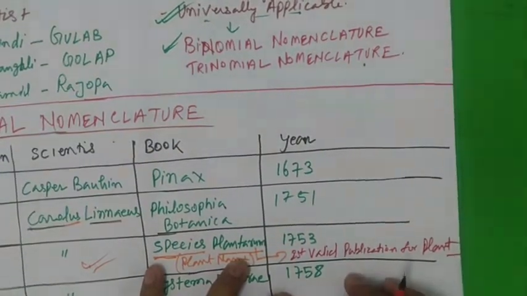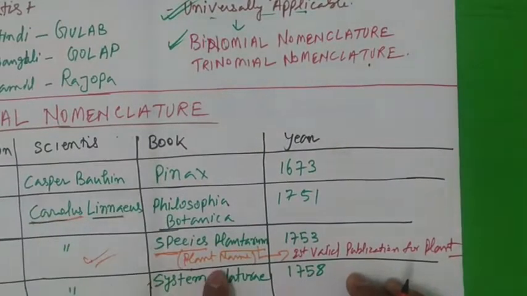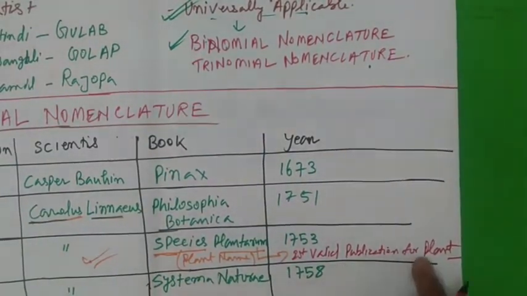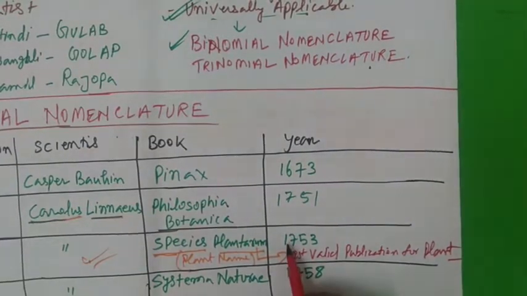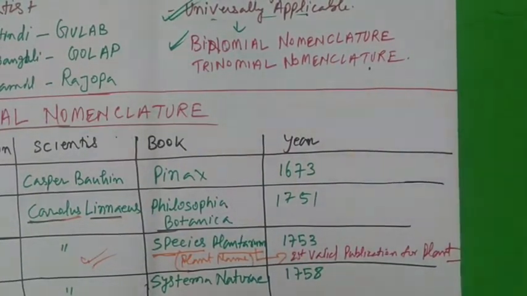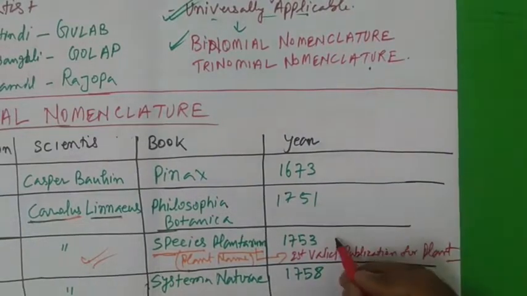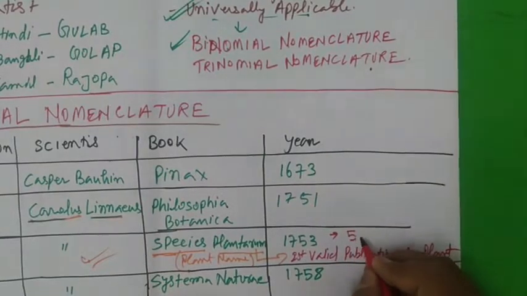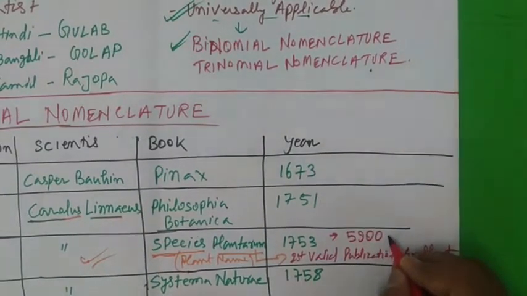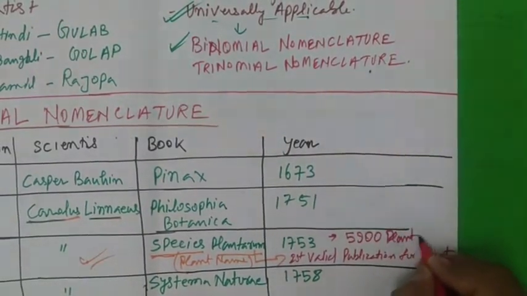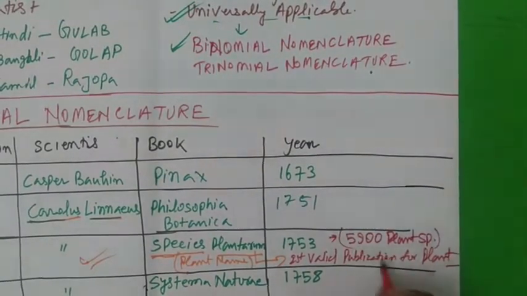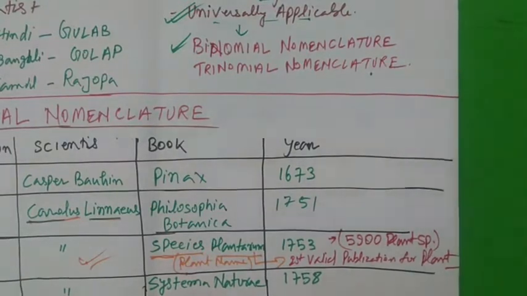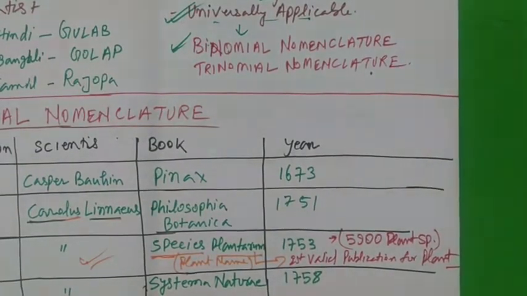That means in this book Carolus Linnaeus first utilized names for plants, in the year 1753, and in this book he also gave the names of 5,900 plant species.